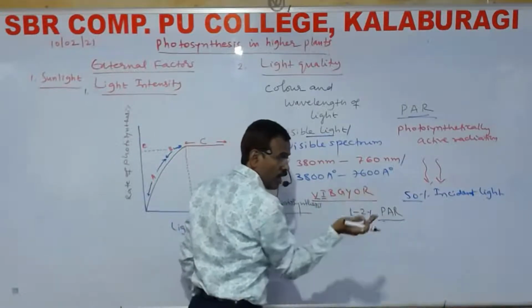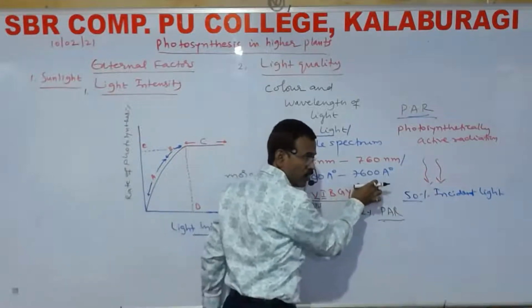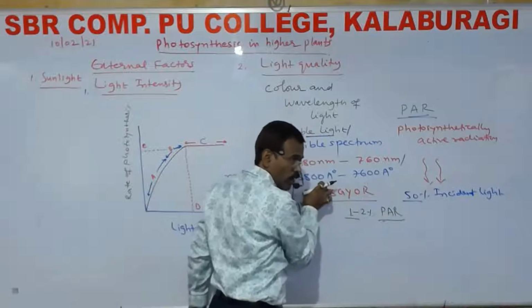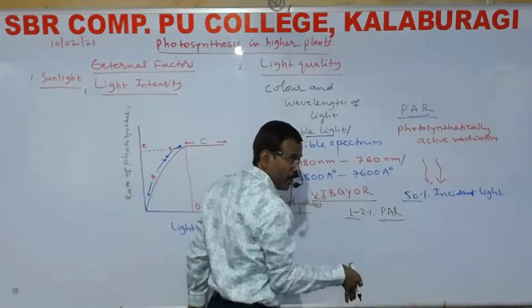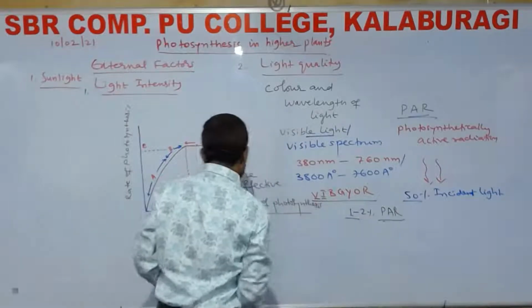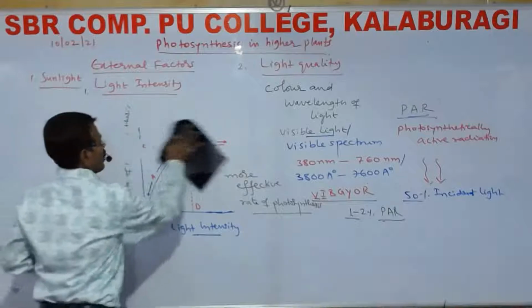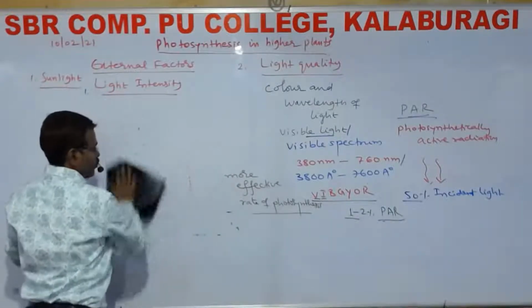Longer wavelength, less penetration. Longer wavelength means frequency will be less. Shorter wavelength means frequency will be more. That's why they are more penetrating. So out of these different colors of the visible spectrum, which can increase the rate of photosynthesis?